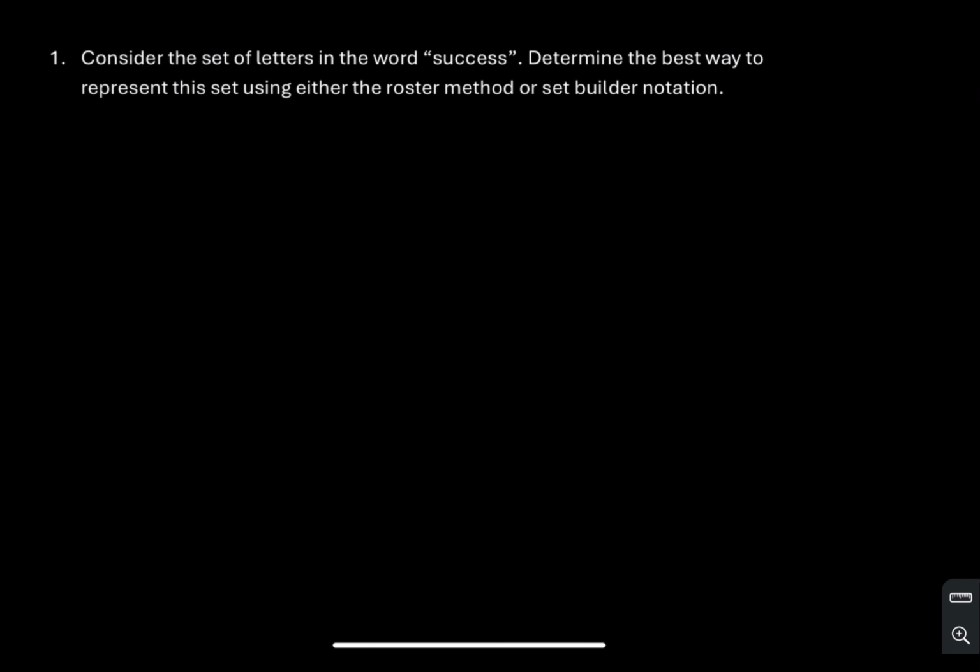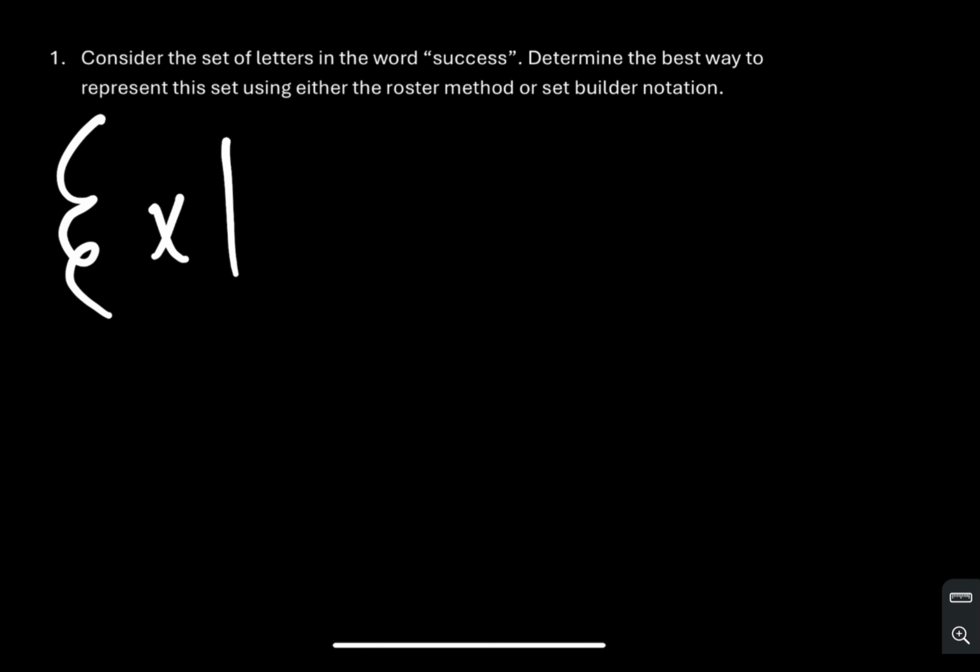Now set builder notation is going to be whenever you have a huge number of elements or you have an infinite amount of elements in your set. So for example, if I wanted to write the set where I represent all even numbers, I would have to write that in set builder notation because there's infinite even numbers.